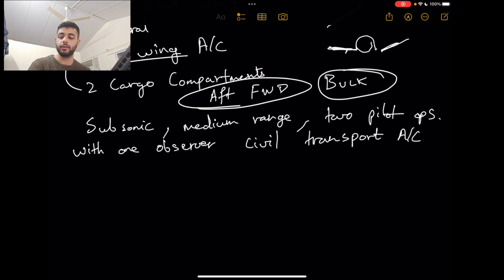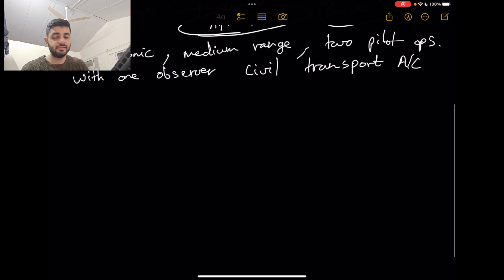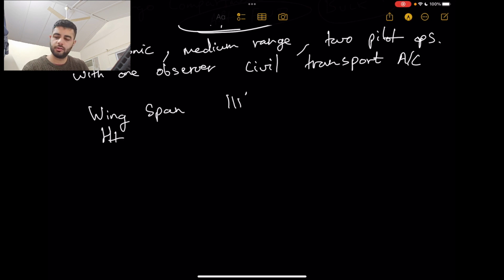Okay, now approximate dimensions. An easy way to remember the dimensions: the wingspan comes around 111 feet. Then you have height, which will be approximately 40 feet.